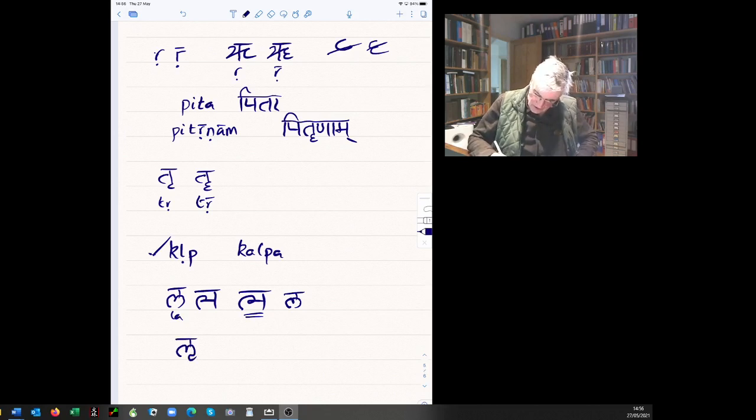So this makes the vowel l. The most common occurrence in this root is as the noun kalpa, where of course it's just written in the normal way with the l as a full consonant. So kalpa, that's one way of writing it.